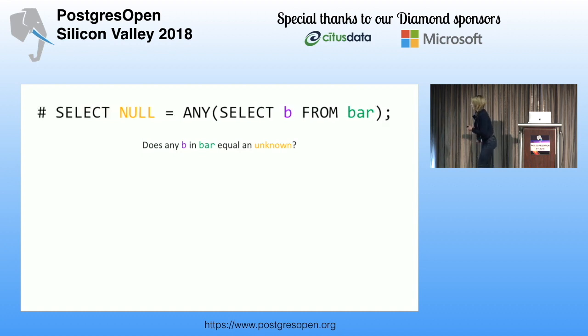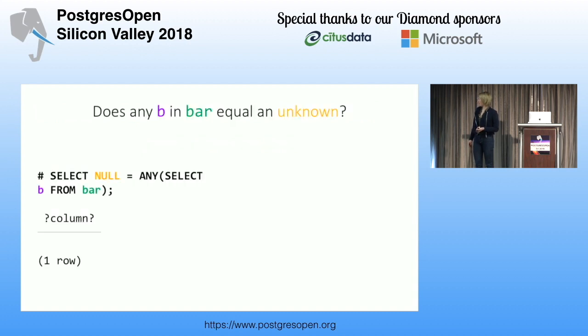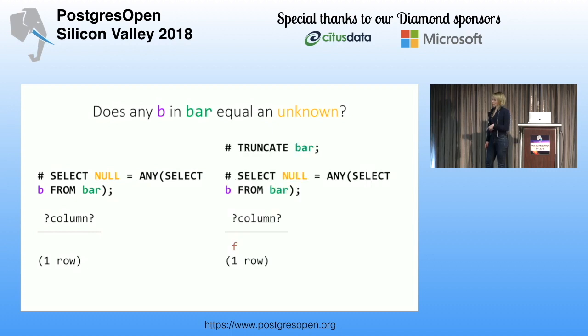Okay. Because Postgres is fancy, they let you put this in the select list, and so we can actually ask Postgres the answer to this question. Here, the answer is null. That seems like what we expected, based on null semantics. But what if there's no data in bar?